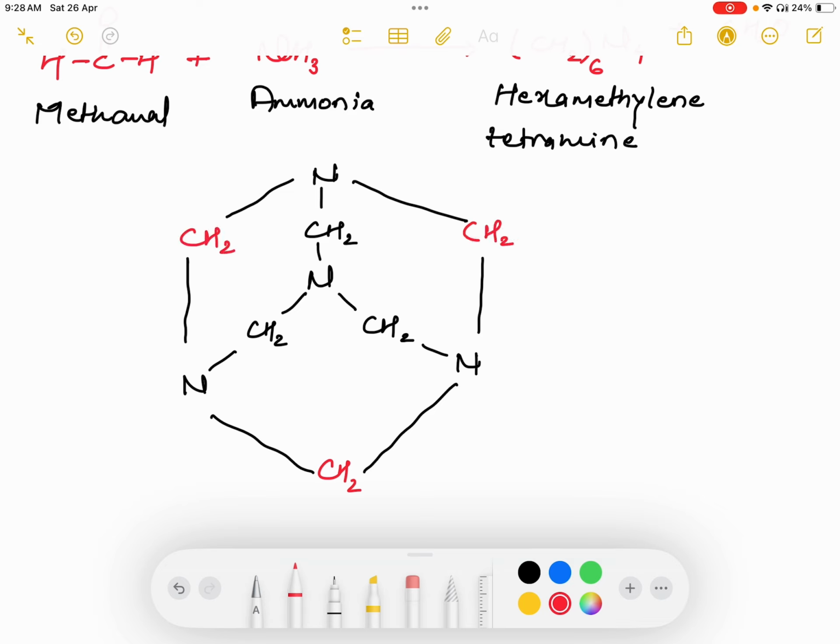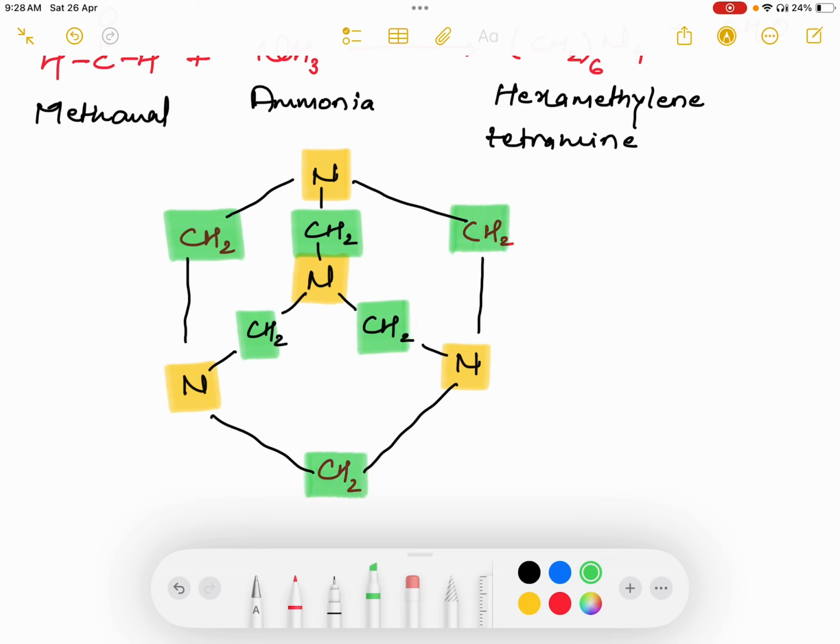So you can observe the four nitrogens, one at this point, one at this point, one at this point, and one at this point, and the six CH2 groups at these points. This structure is basically known as urotropin, or hexamethylenetetramine.